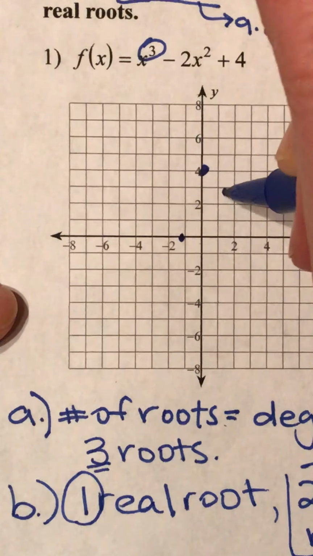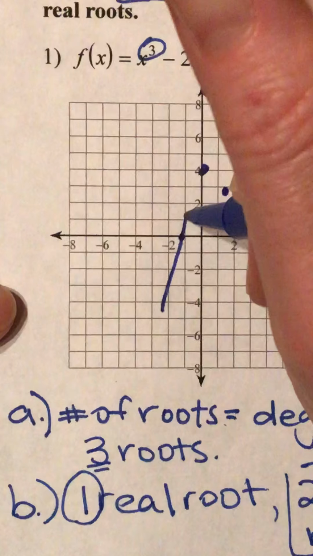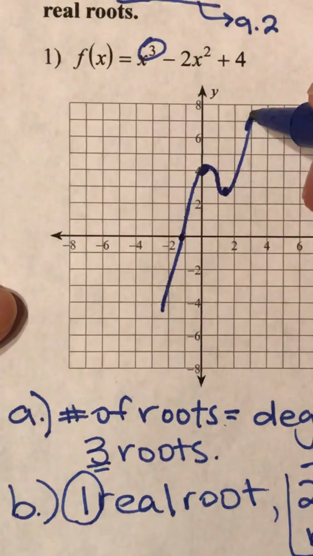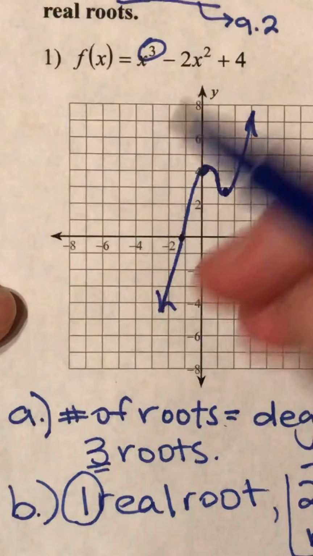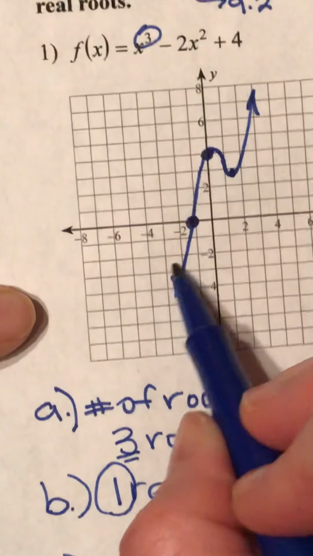So somewhere around here there was a dip. We can just sketch down and it bounces back up. The key points here are here and here, and then this end behavior.